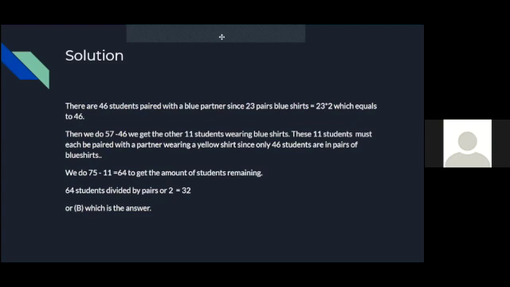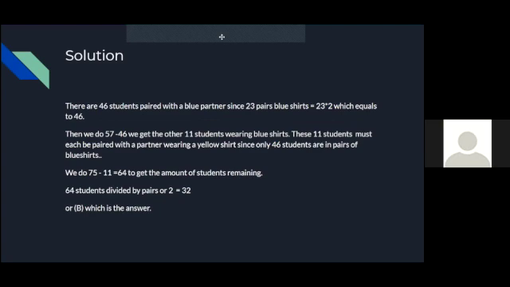So, solution. There are 46 students paired with a blue partner, since 23 pairs of blue shirts equals 23 times 2, which equals 46. Then we do 57 minus the 46 blue shirts, and we get 11 other students who are wearing blue shirts.